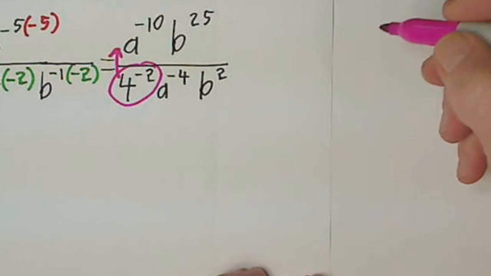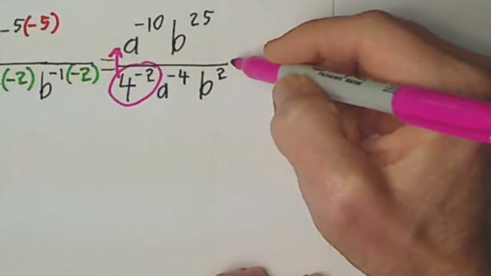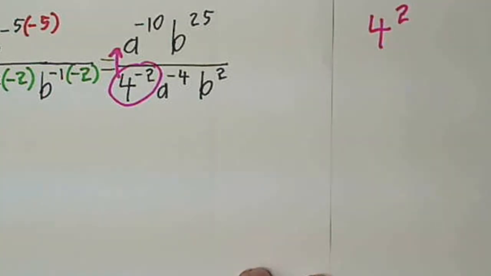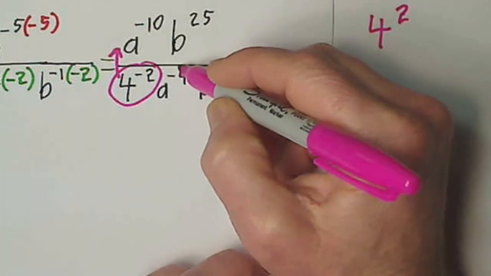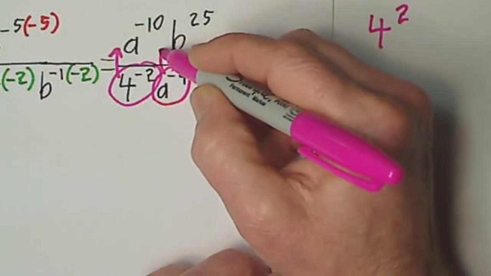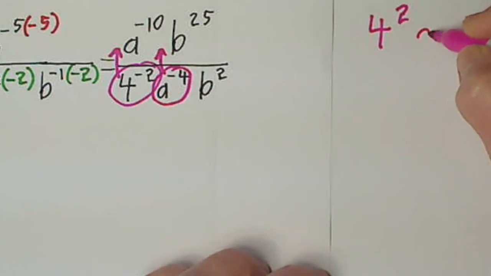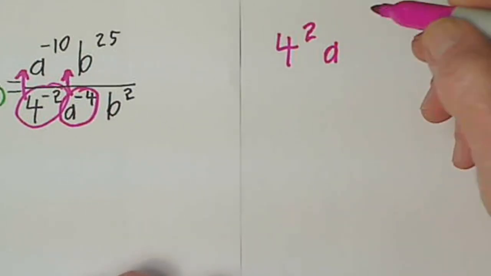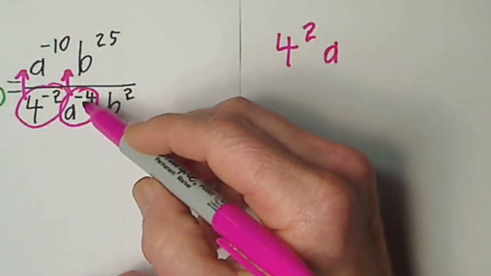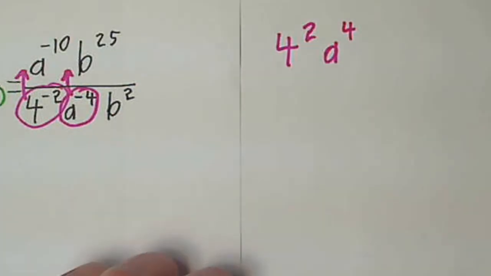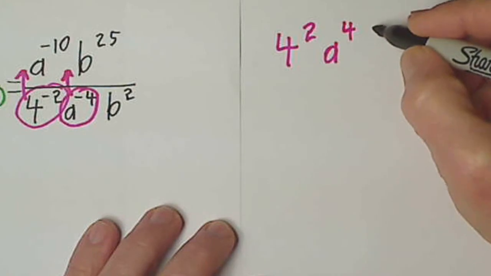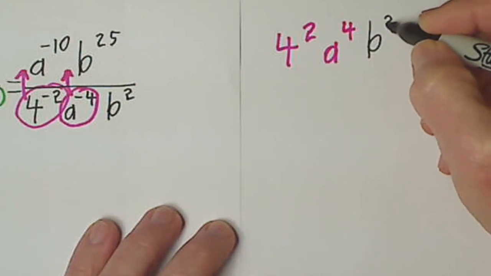Okay, so that 4 to the negative 2, I'm going to push it up over the division bar, and it'll become 4 to the positive 2. All right. This a to the negative 4, I'm going to push it up, and instead of negative, it will be to the positive 4. All right. And then this b to the 25 is already positive, so I'll just leave that right where it is.